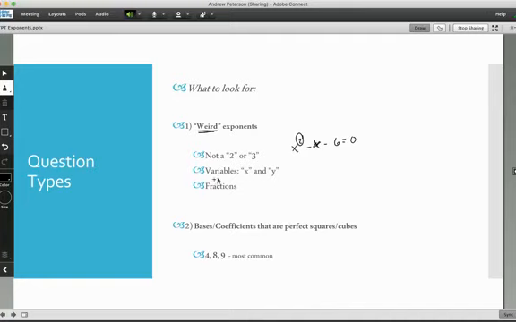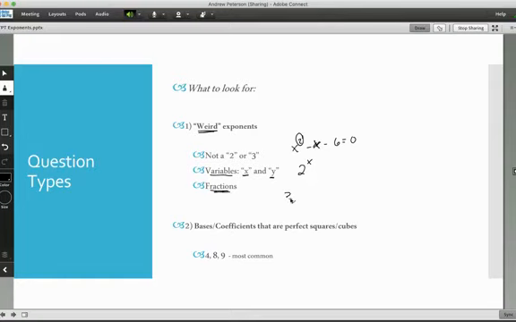But what you are looking for instead of this are variables in your exponents, like x and y. Like if you see something like 2 to the x, this is going to raise a red flag because you're going to say, well, that doesn't really make me very comfortable. So when we see something like this, we should be thinking we're going to use those exponent rules that we just discussed. Maybe fractions, look for these as well.